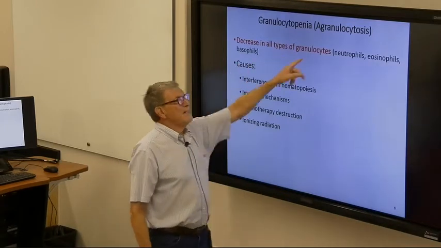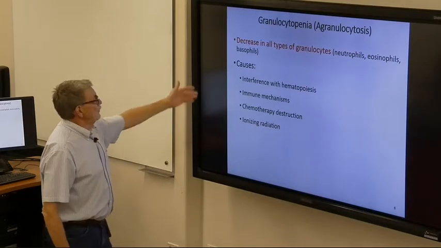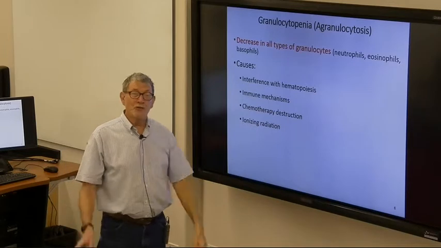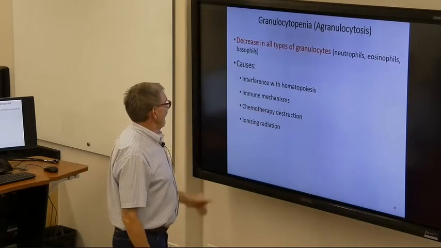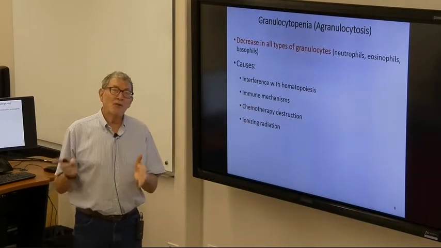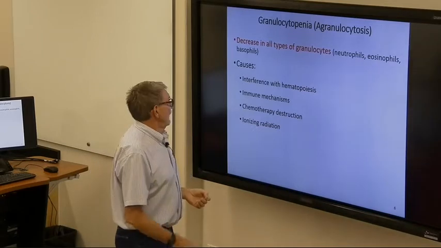Granulocytopenia, meaning not enough of them. You can have a decrease, again, of just neutrophils, or they can be all the granulocytes. If you have immune mechanisms, you're fighting your own tissues.